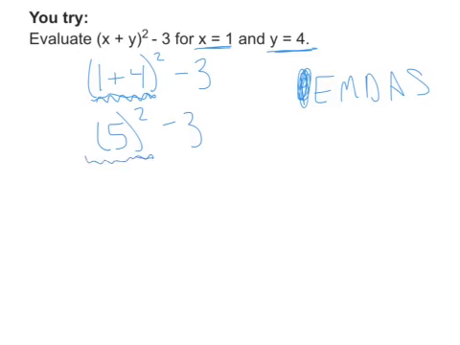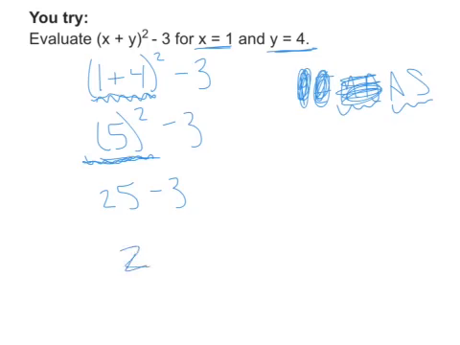So we have 5 squared, or 5 to the second power, which means 5 times 5. So 25. Bring down your subtract 3. So that was our E for exponent. Multiplication, division, left to right. We don't have any of that, so we can mark those out. And then addition, subtraction, left to right. That's all we have. So 25 minus 3 is 22.